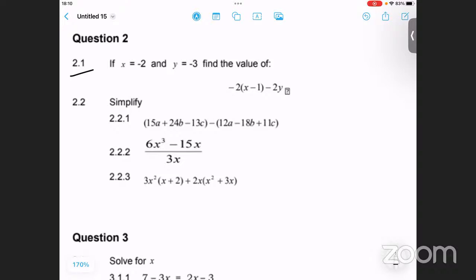Are you still there, Ricardo? Yes, ma'am. Okay. Are you done? What are we gonna do? You are gonna take the -2 and then times it to the -2 inside the brackets, because it says x equals -2. So then it's gonna be +4, and then it's gonna be -1 minus y2.